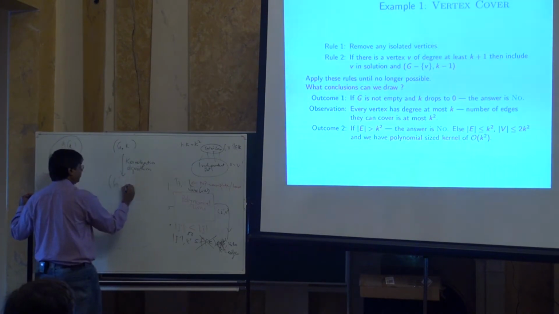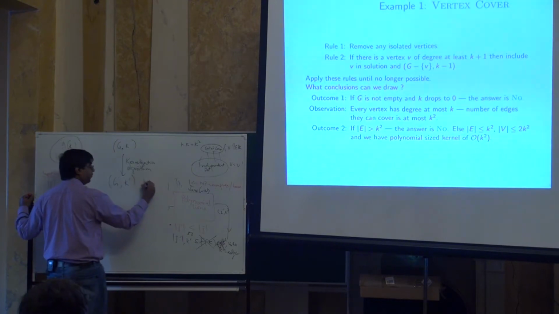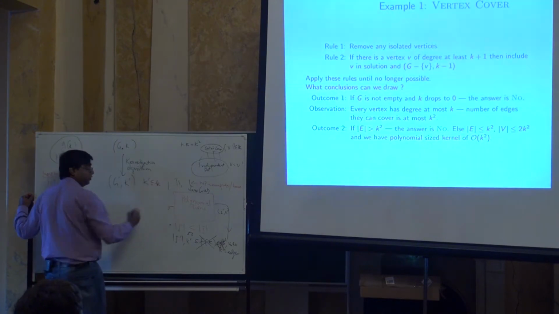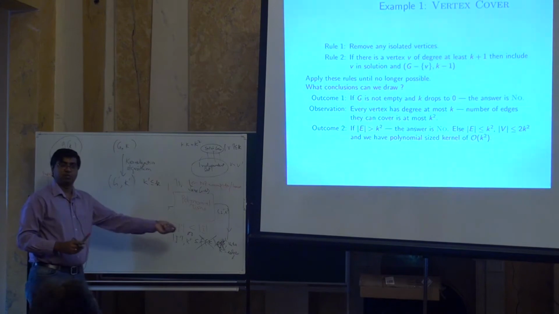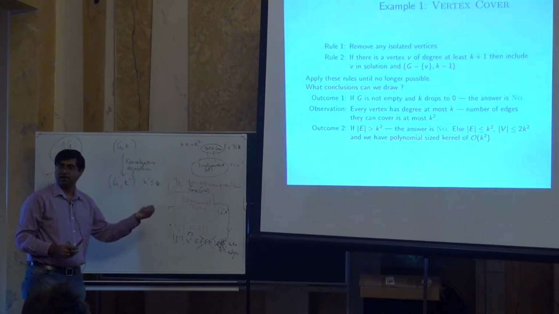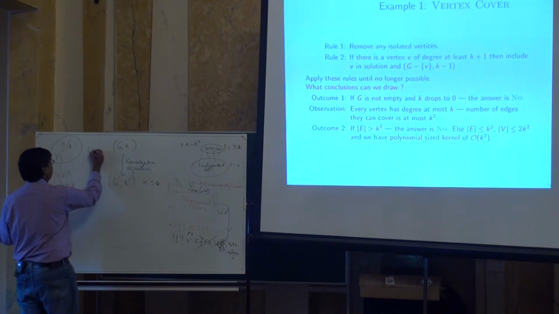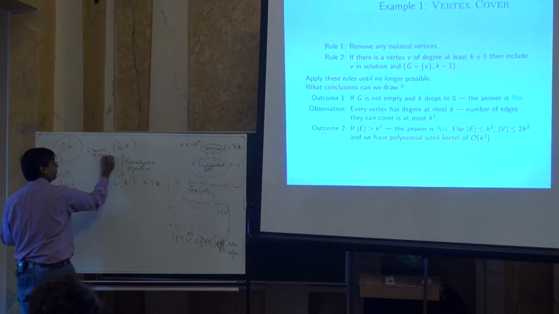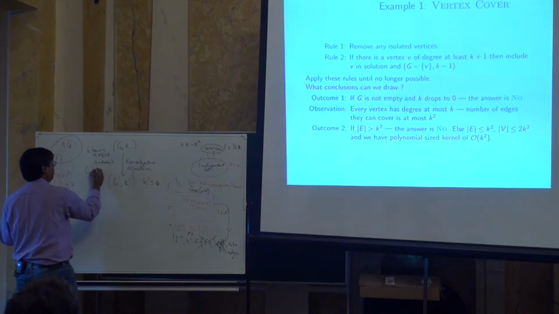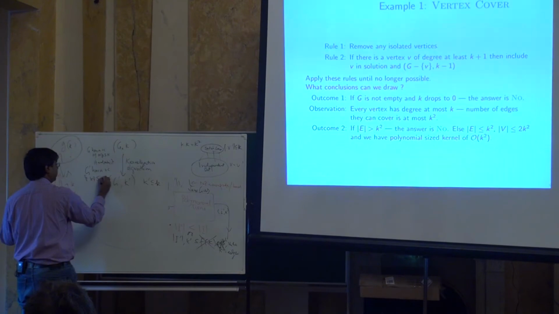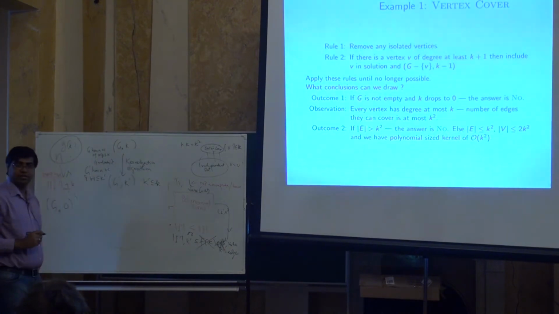You get an instance G prime, k prime where k prime is less than or equal to k, because if you remember, we were only deleting, we were decreasing the parameter. And what was the answer? G has a vertex cover of size at most k if and only if G prime has a vertex cover of size at most k prime. Agreed?